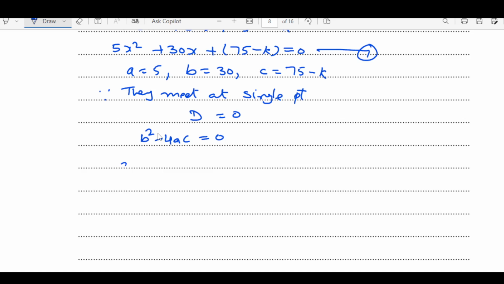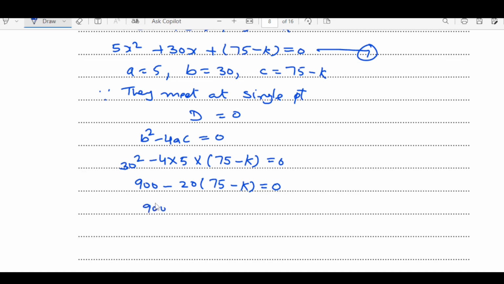So b here is 30 squared minus 4 times 5 times (75 minus k) equals 0. So this is 900 minus 20 times (75 minus k) equals 0.